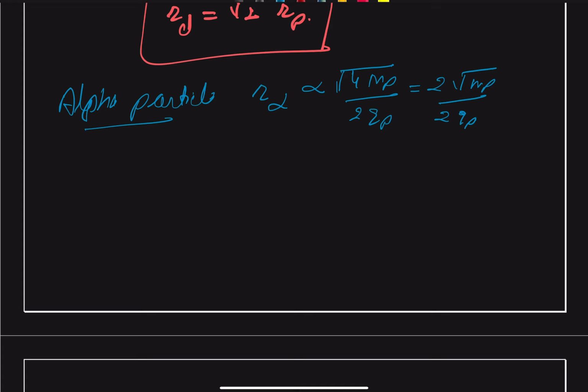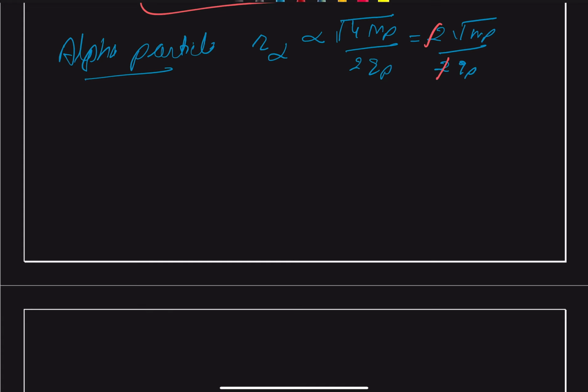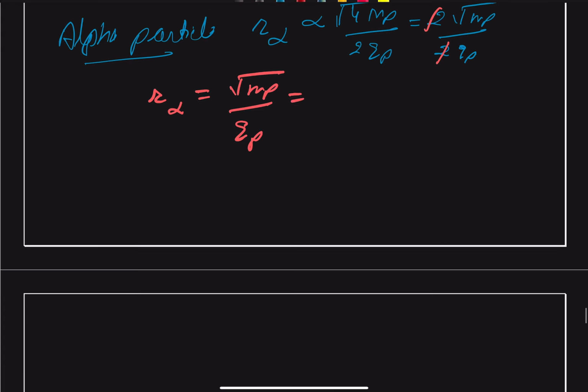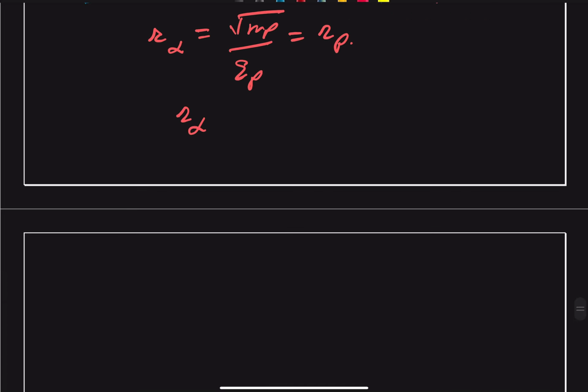Here 2 and 2 cancel out, so the radius of the alpha particle is equal to mass of proton divided by charge on proton, which is equal to the radius of proton. So the radius of alpha particle is equal to the radius of proton.